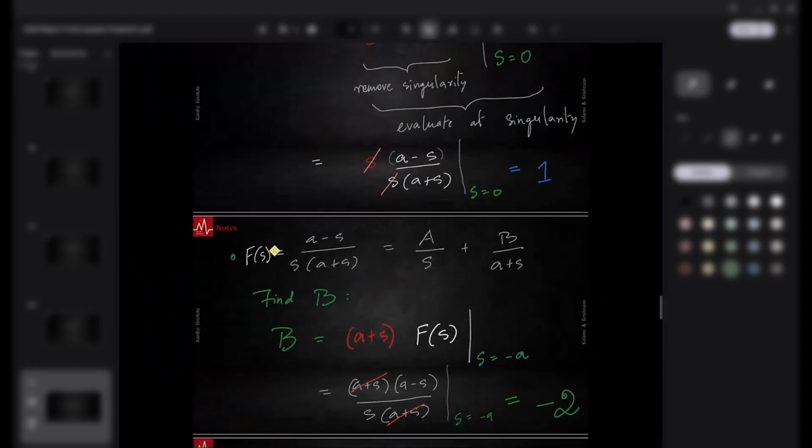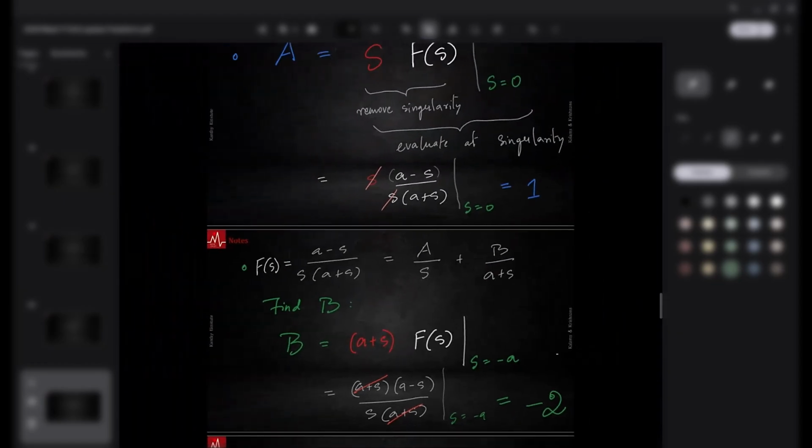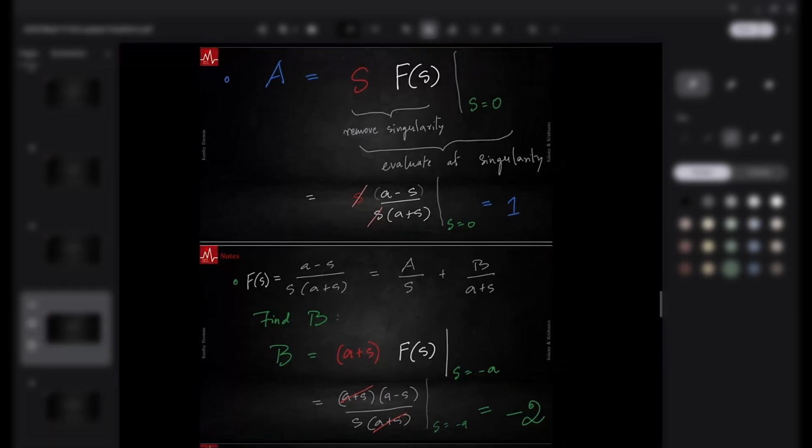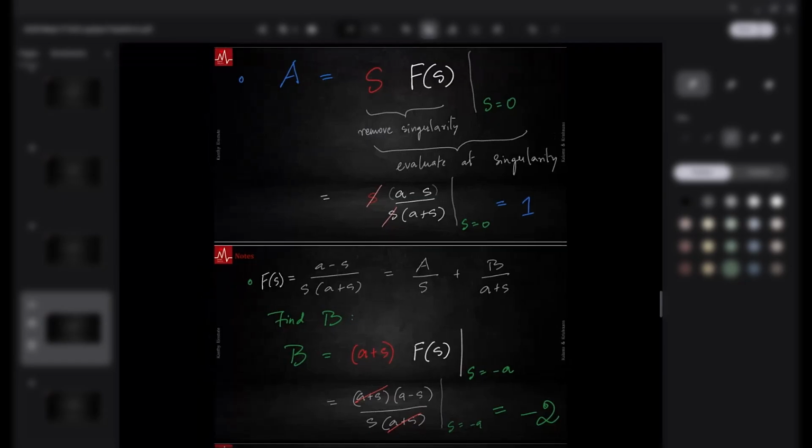If you look at it that way, it will be confusing. There I removed the singularity, evaluated at the singularity. Here also I removed the singularity, evaluated at the singularity. If you look at it that way, we are doing the same thing. There, why you did that? Then substitute there. Here, why you did this? It's a very common question. I'm removing the singularity, evaluating at singularity.